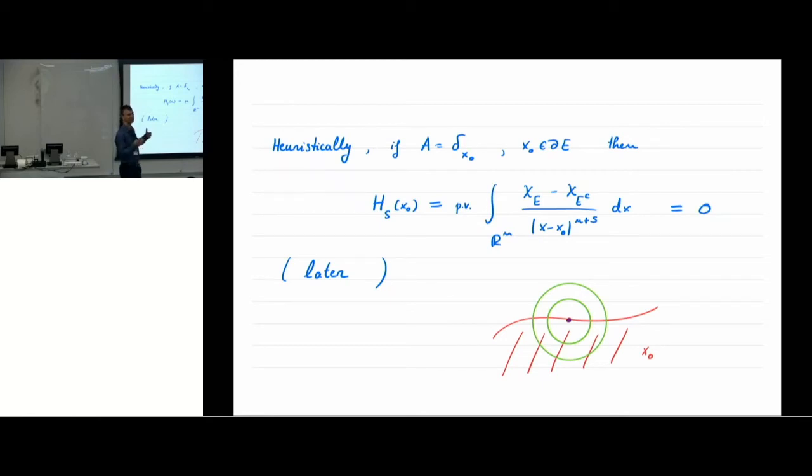So if you assume that E is smooth, you can do this. Let's say if E is C2, I should be able to do this argument. But in general, at this point, I don't know anything yet about the regularity of E. And actually, I cannot write this principal value. I have no idea if it makes sense, especially for smaller and smaller radii. I don't know if this is really integrable.